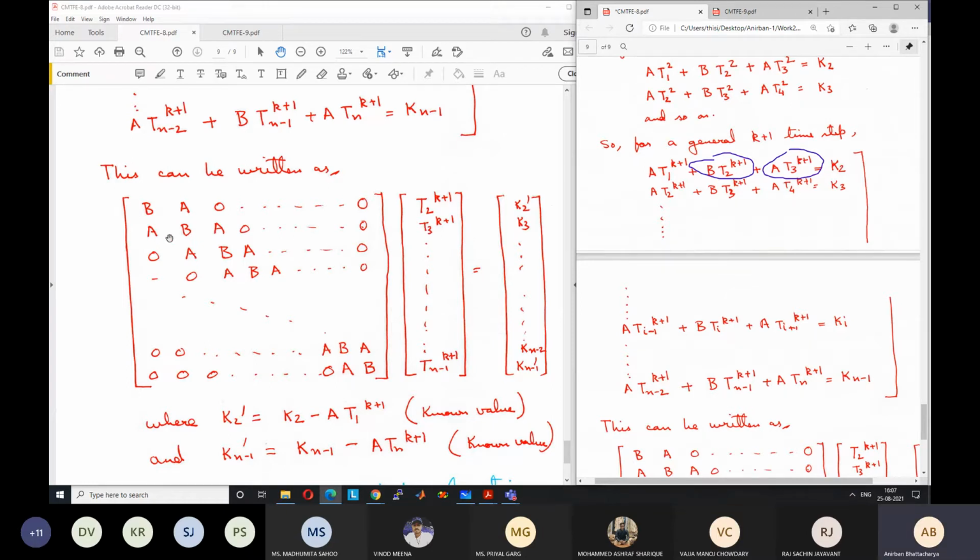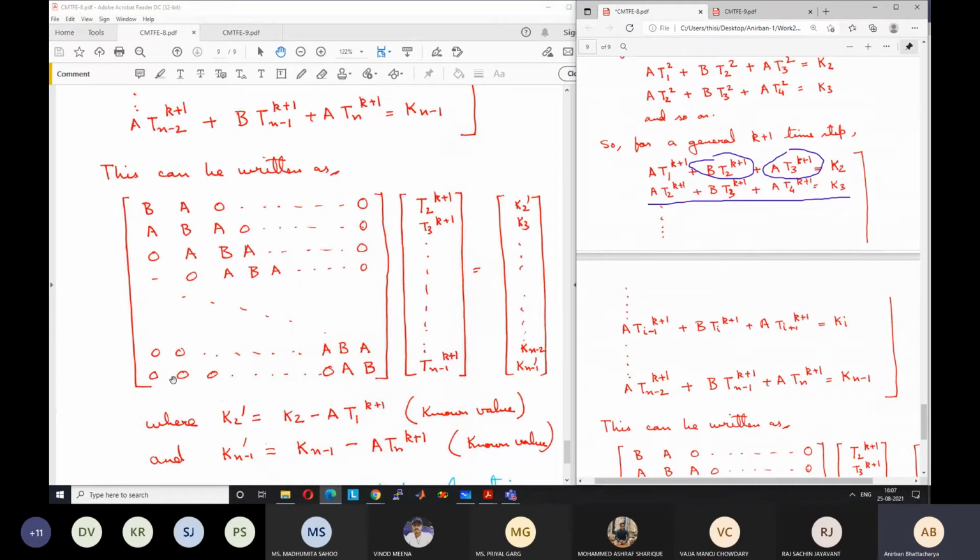Similarly, for the next line you will have A into T2 k plus 1 plus B into T3 k plus 1 plus A into T4 k plus 1, and all the other terms are 0, so 0 into something, 0, 0, like this, is equal to K3. Okay. So like this we will continue until you reach the n minus 1 term.